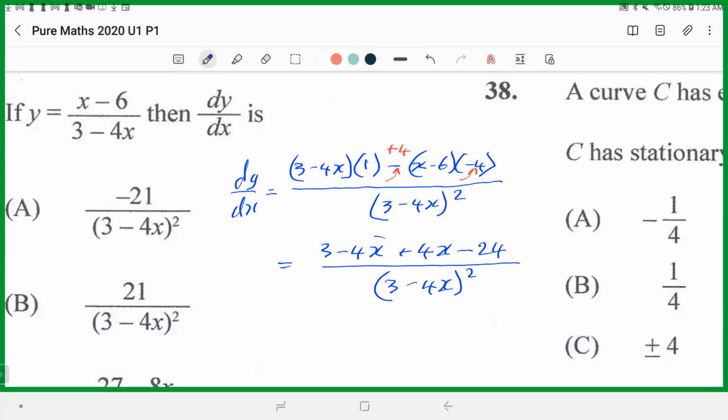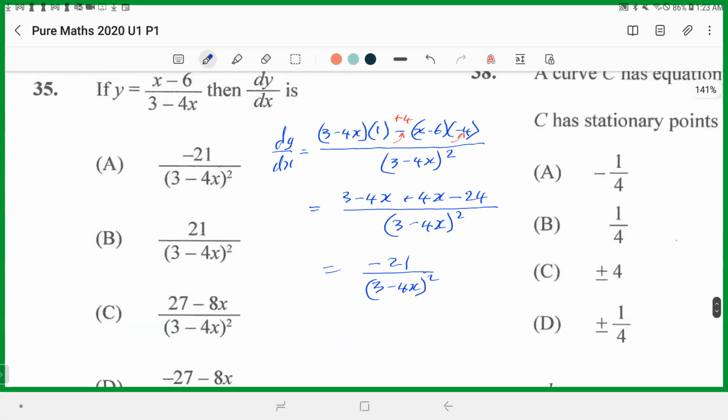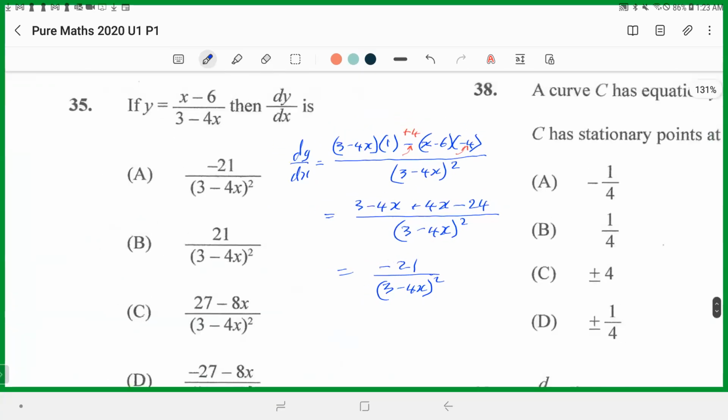So these two cancel each other, and you have 3 minus 24, which is negative 21. So it becomes negative 21 over 3 minus 4x all squared. And looking for that, minus 21 and minus 21. So the answer is A.